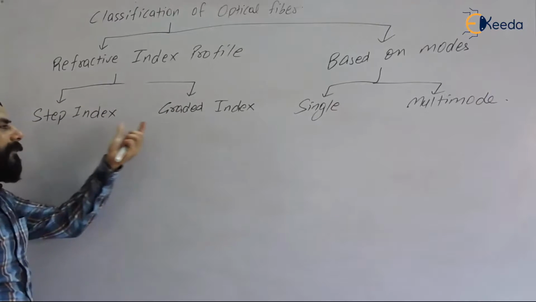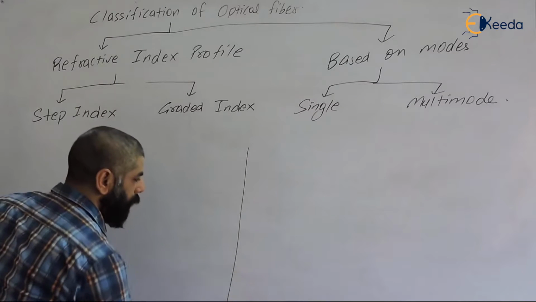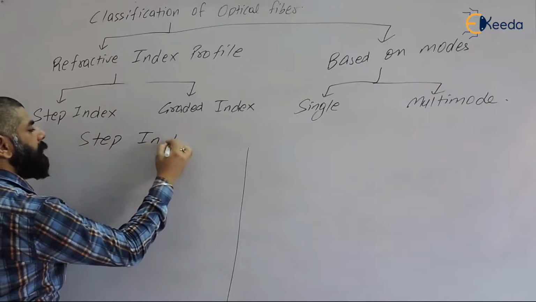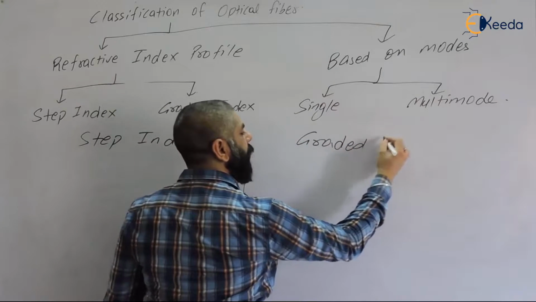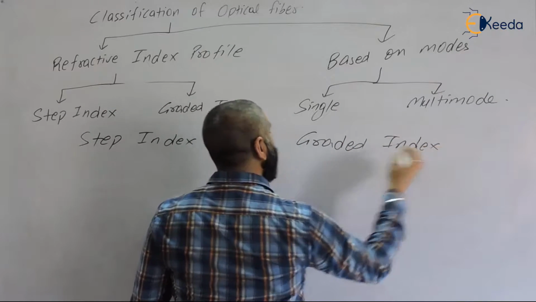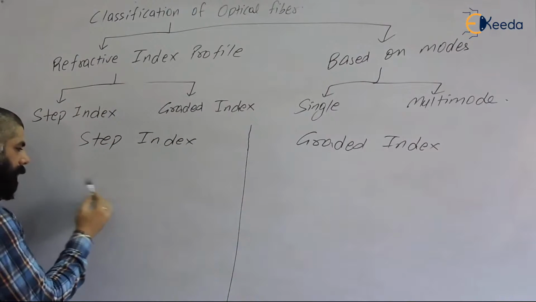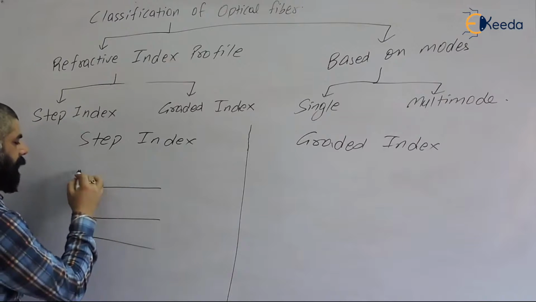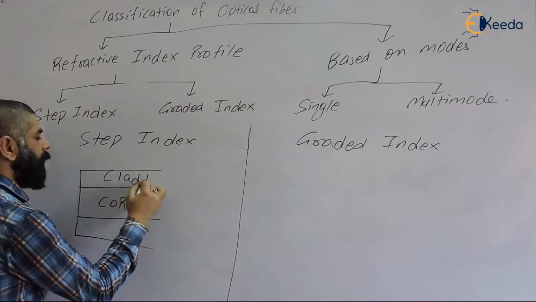First we'll discuss the difference between step index optical fiber and graded index optical fiber. In a step index optical fiber, see, this is our optical fiber, this is core, and this is cladding.